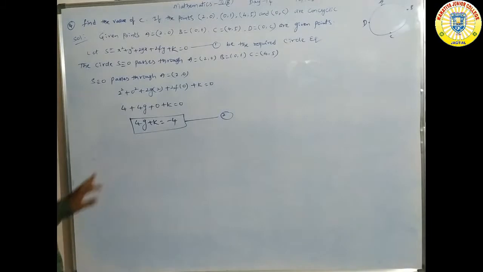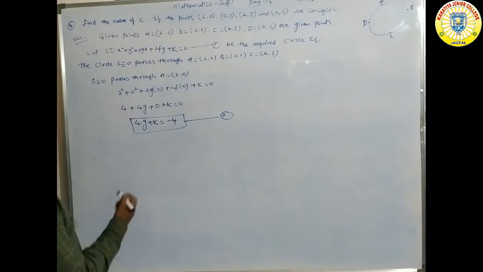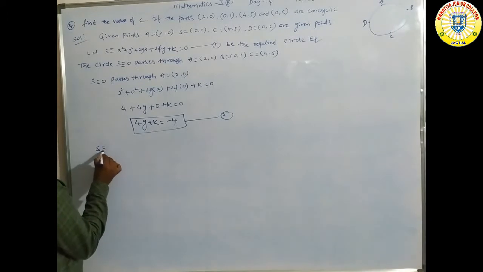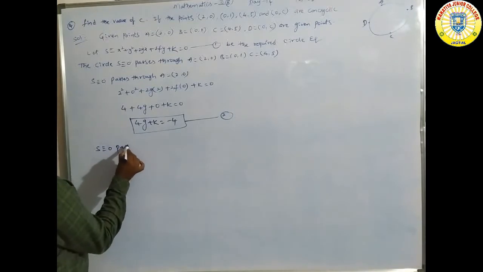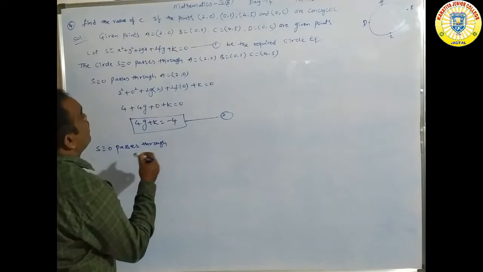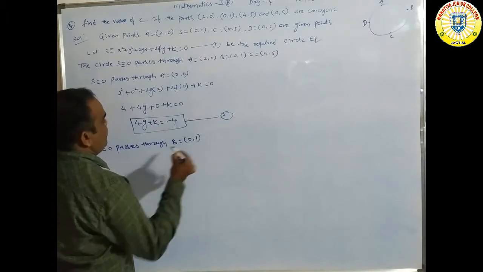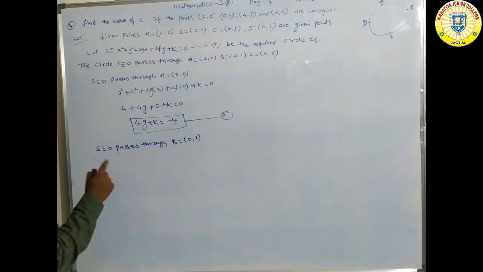See here, this is equation 2, S equals 0 passes through A (2, 0). Next, S equals 0 passes through B (0, 1).